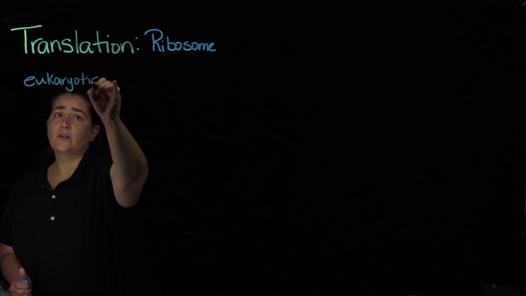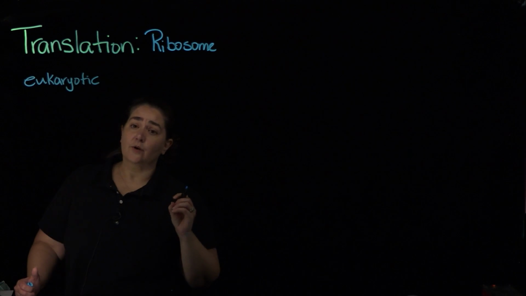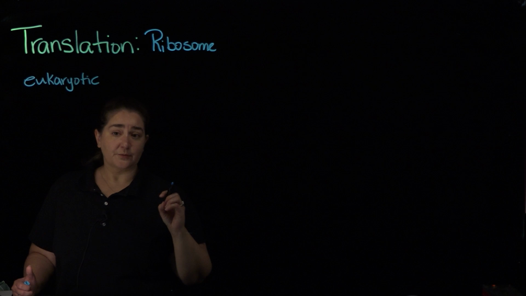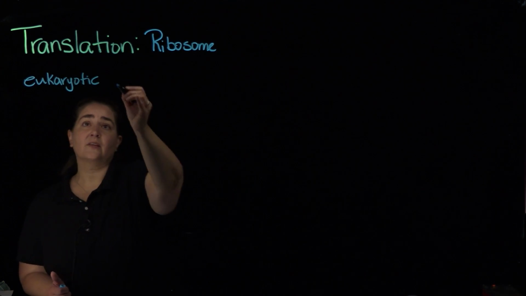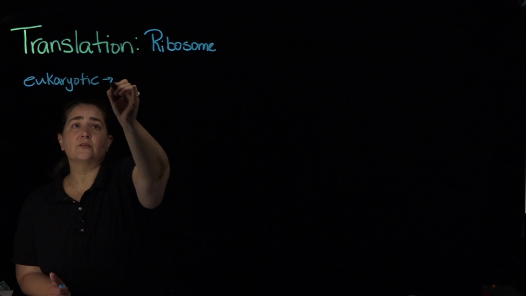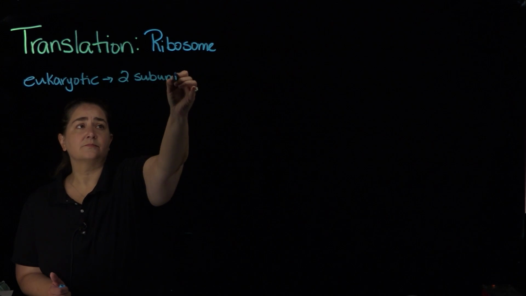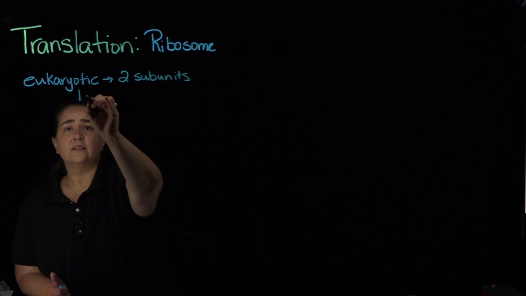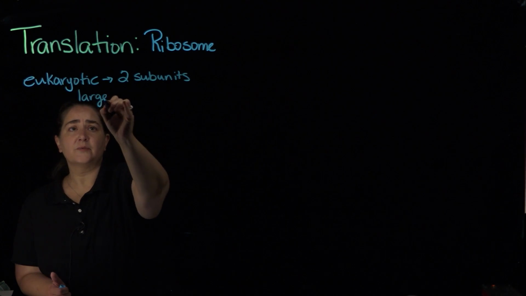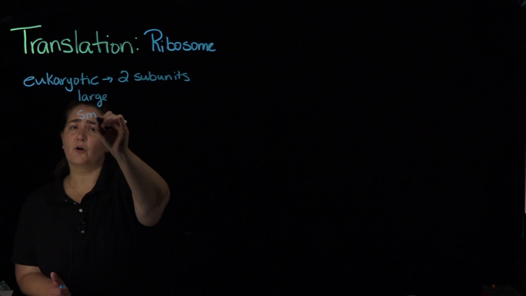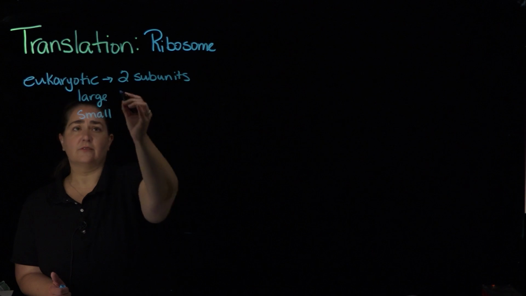ribosomes. The eukaryotic ribosome, however, is different from the prokaryotic ribosome. The eukaryotic ribosome has two subunits. It's got a large subunit and a small subunit, okay?